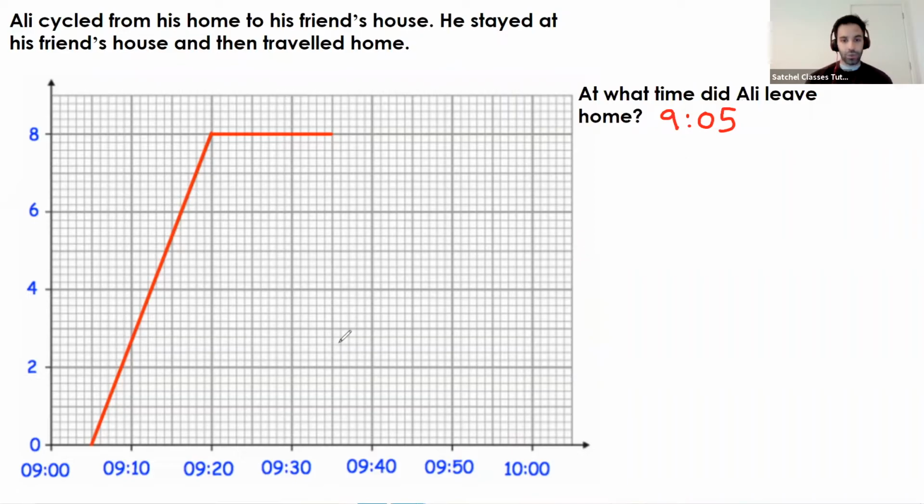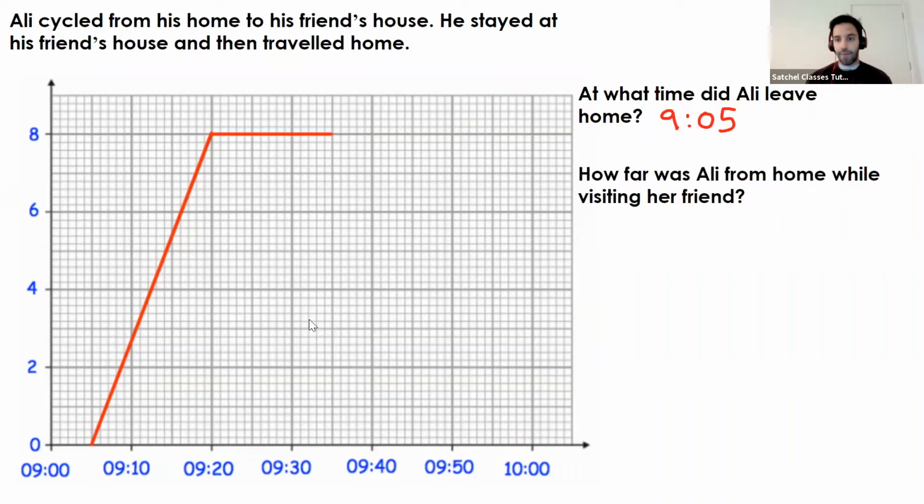And the next question, it says, how far was Ali from home while visiting his friend? This should be, not her, it should be his friend. Well, Ali must have arrived at his friend's house at this point here. And this point is 8 kilometers. We need to label the distance time graph.